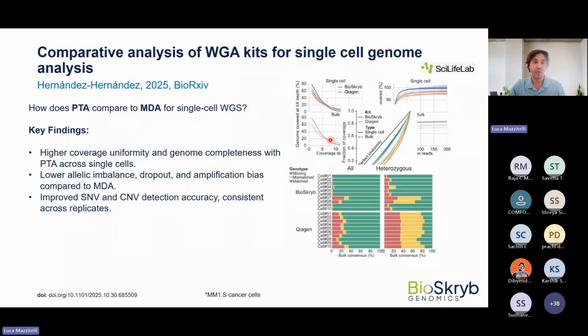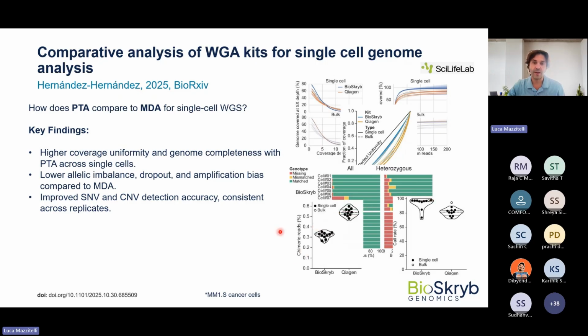They also showed a lower allelic imbalance, so less dropout and less amplification bias compared to MDA. They also found improved detection of single nucleotide variants and copy number variation, with a higher accuracy and consistency across replicates.